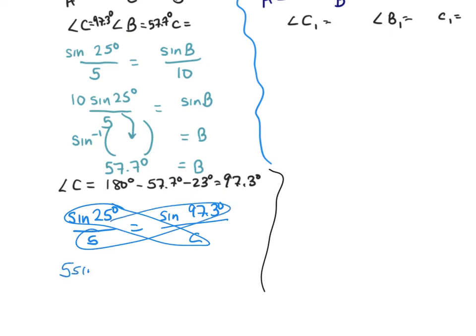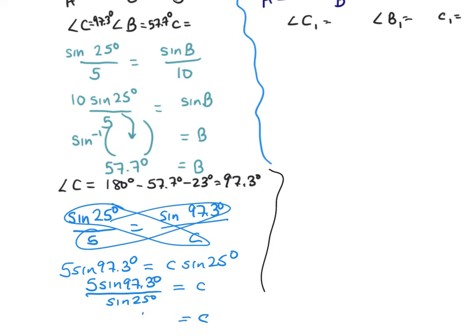So 5 sine 97.3 equals c sine 25, divided by sine 25. So we get 5 sine 97.3 divided by sine 25. So you do enough of these, you start to see how they work out, a similar pattern each time. So in this case, I get c to be 11.7.